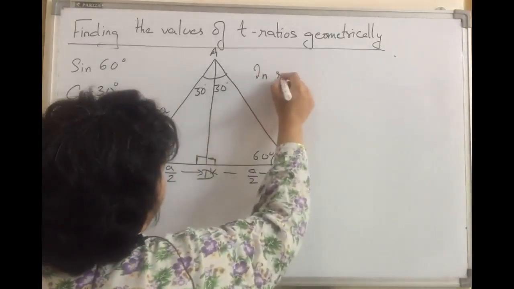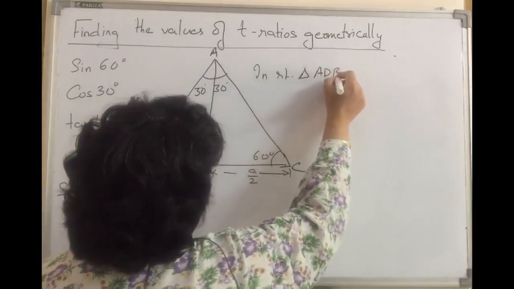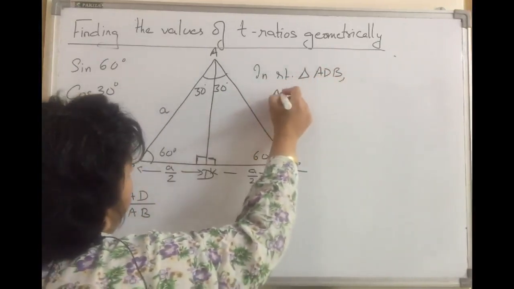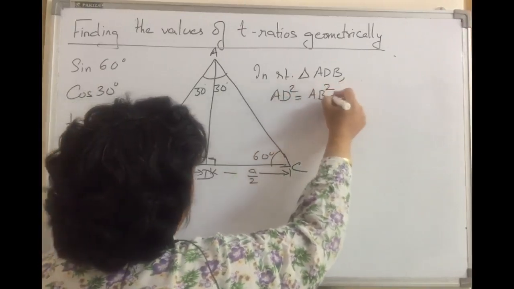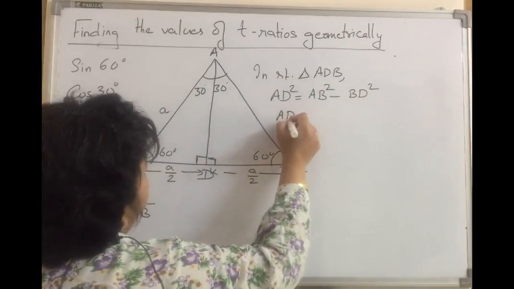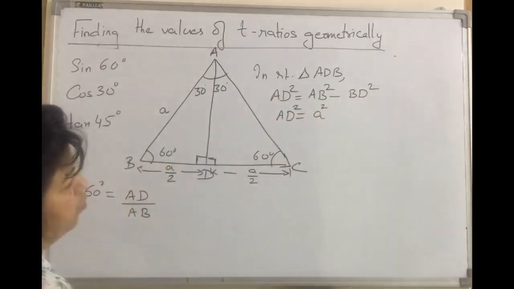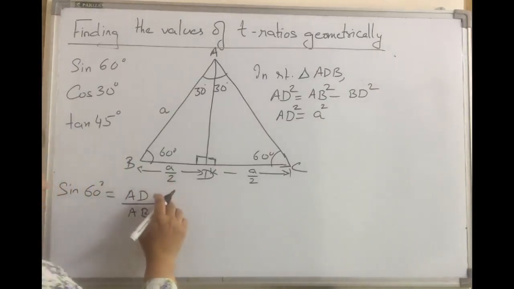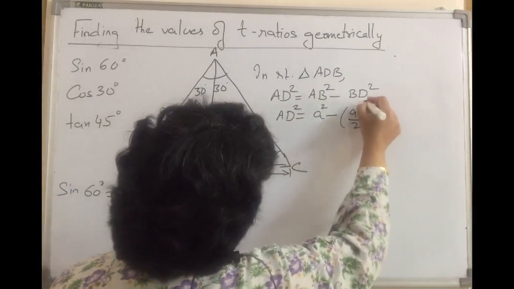In right triangle ADB, AD square is equal to AB square minus BD square. So AD square will be AB, which we have assumed as A, square, BD is half of A, so minus A by 2 whole square.